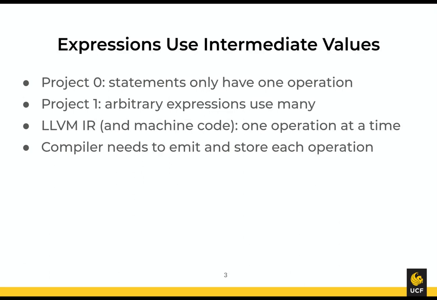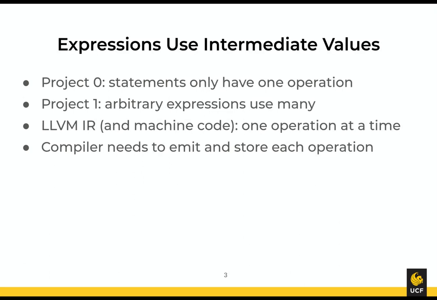So what our compiler needs to do is take that structured syntax and convert it into a linear sequence of machine operations. And the main trick behind this is that we make temporary variables. We use a bunch of temporary variables to store the intermediate results as we're computing an expression.